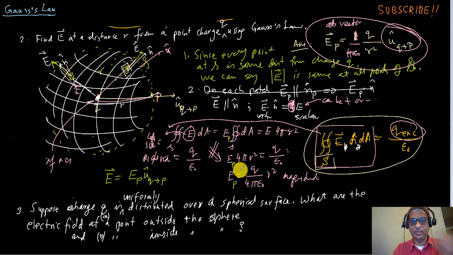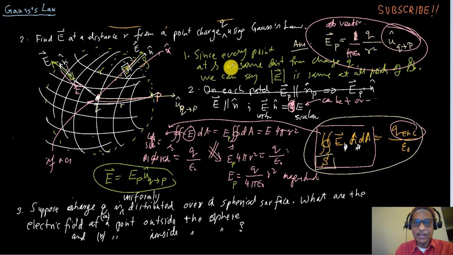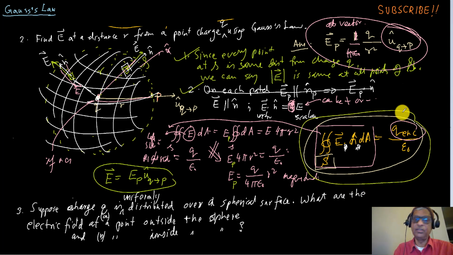So this is the same answer as before, but I got it through these two arguments applied to Gauss's law. And this is a very important set of arguments, okay? We're going to do a couple more problems using spherical symmetry, and then in the next couple of videos I'm going to do cylindrical symmetry and planar situations.